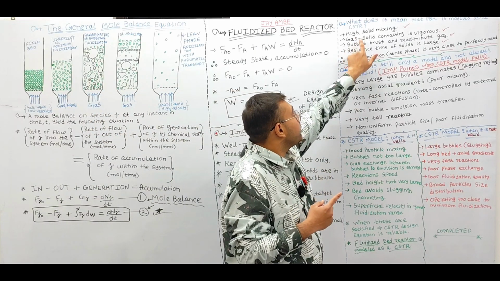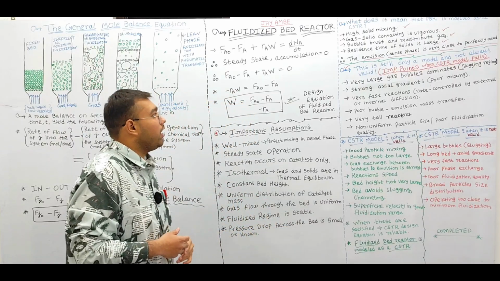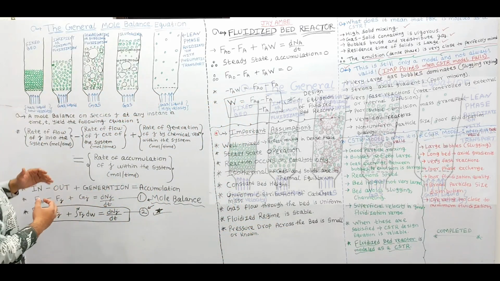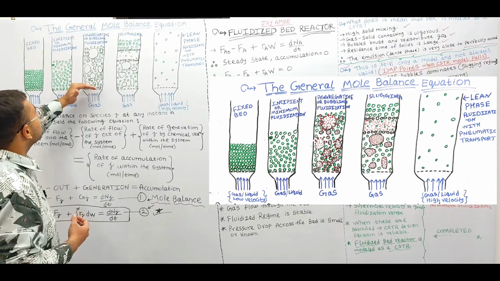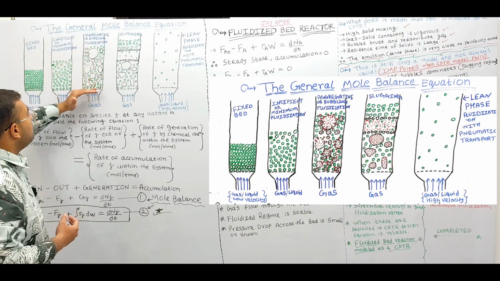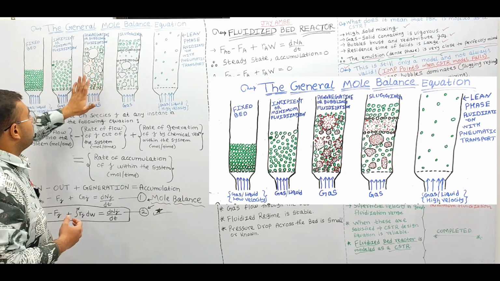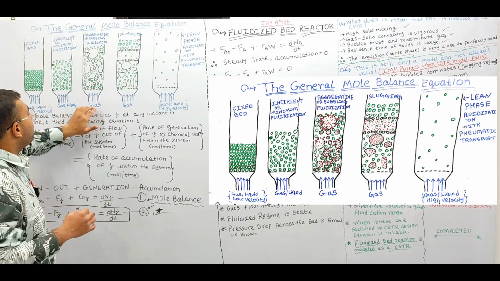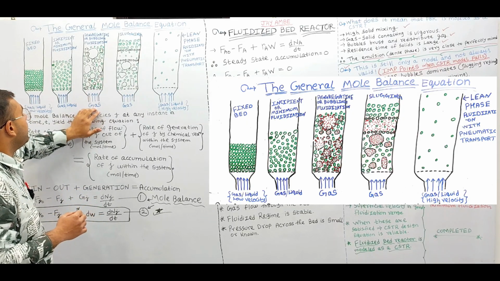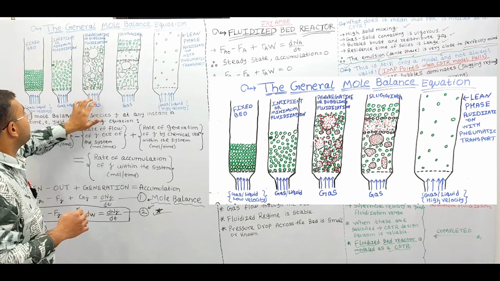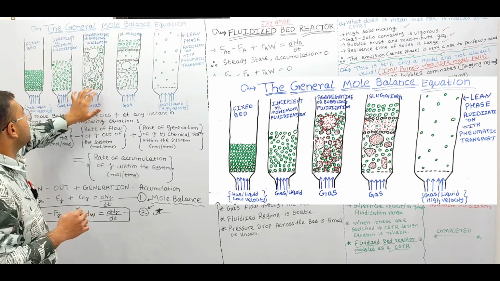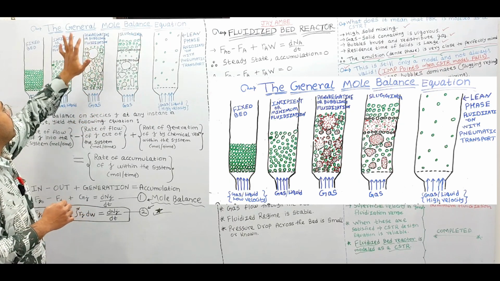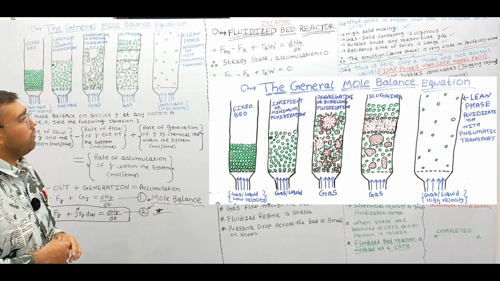Okay, so the first point is high solid mixing, right? So we should have thorough, vigorous mixing of the entire solid catalyst bed in the fluidized bed reactor by ensuring uniform gas flowing upward through the catalyst bed of the reactor.